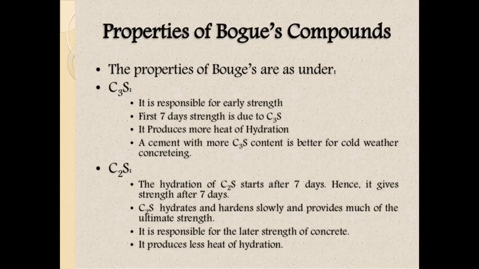So to avoid this, we can use the cement with more amount of dicalcium silicate, to reduce the heat of hydration and increase the setting time of the cement. It is about dicalcium silicate.